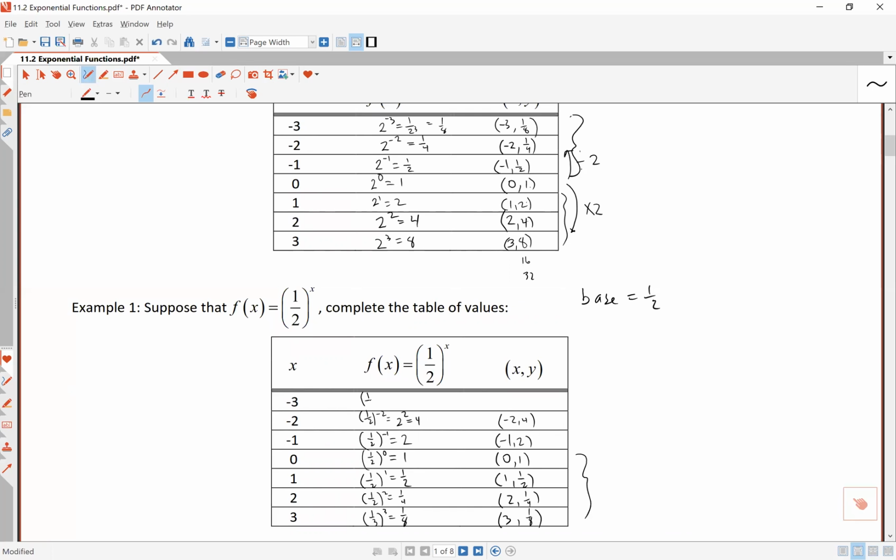And negative 3, 2 cubed is 8. Giving us negative 3, 8.